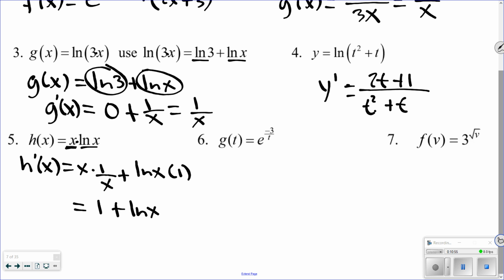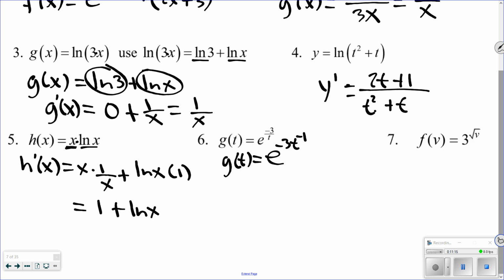Number 6, this is an exponential, right? E to a power. So I'm going to go g prime. Well, I'm going to first, this will be helpful for us, and I'll show you why. I'm going to have to take the derivative of the power. So I'm going to rewrite the power as being negative 3t to the negative 1.